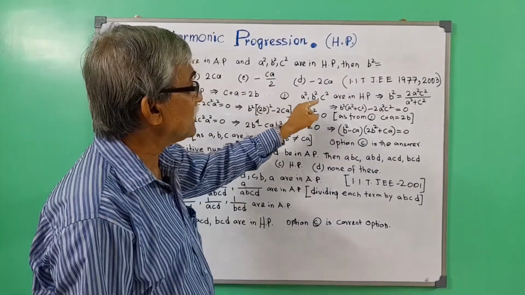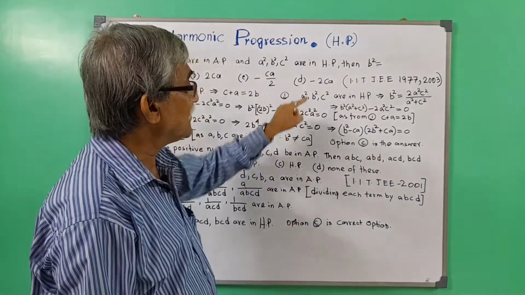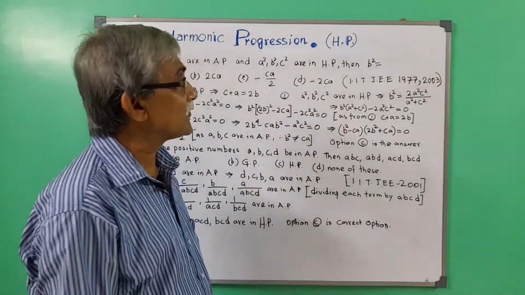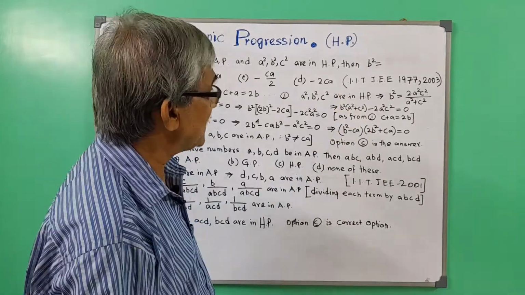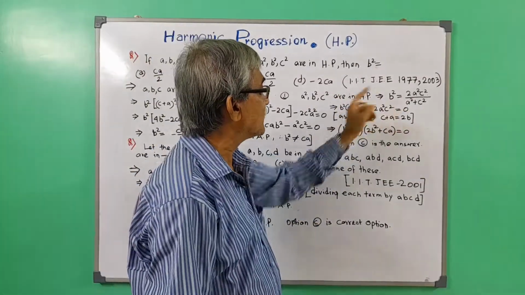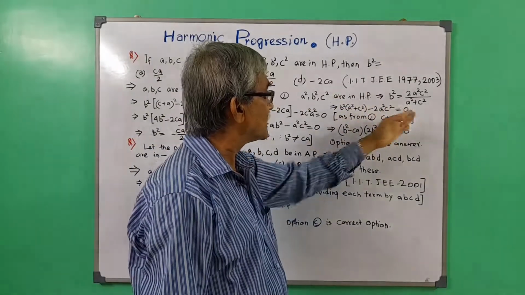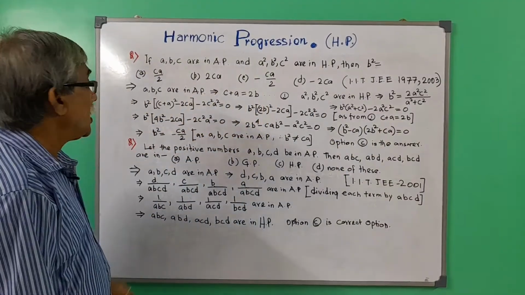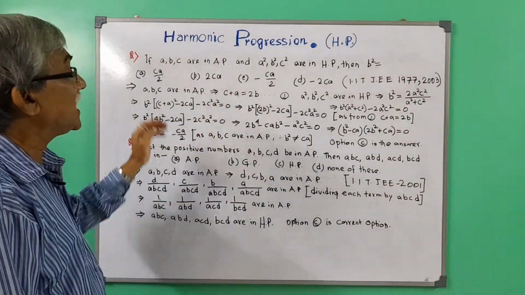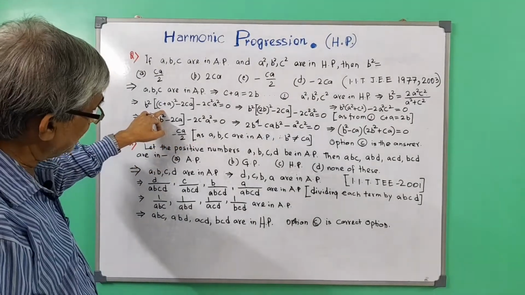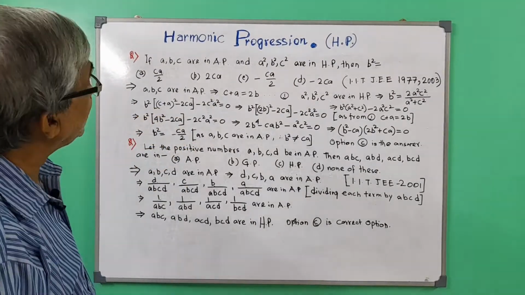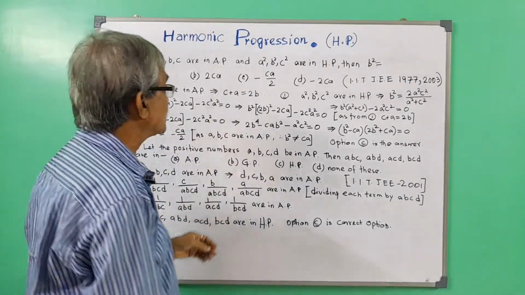And A square, B square, C square in HP, therefore B square equals 2A square C square upon A square plus C square. Or you just cross multiply it, B square whole into (A square plus C square) minus 2A square C square is equal to 0. Or you just go on solving it, B square whole into (A square plus C square) is there. I can write it this way, B square whole into ((C plus A) whole square minus 2CA) minus 2C square A square is equal to 0.